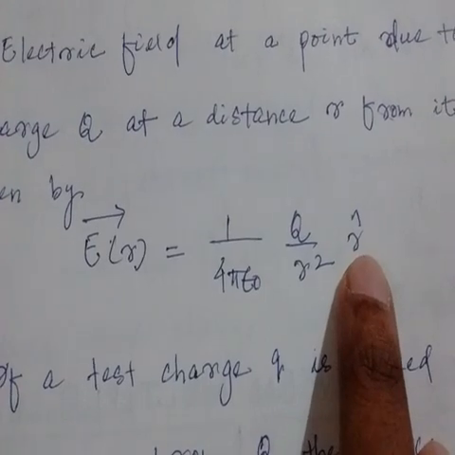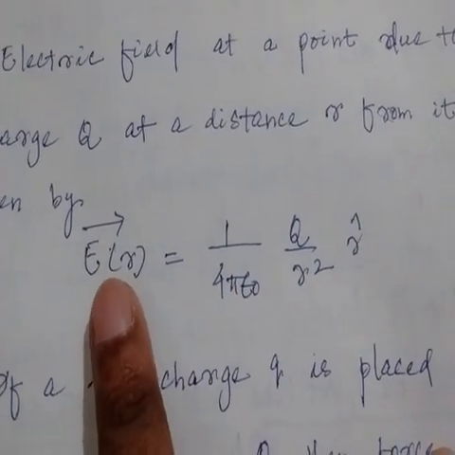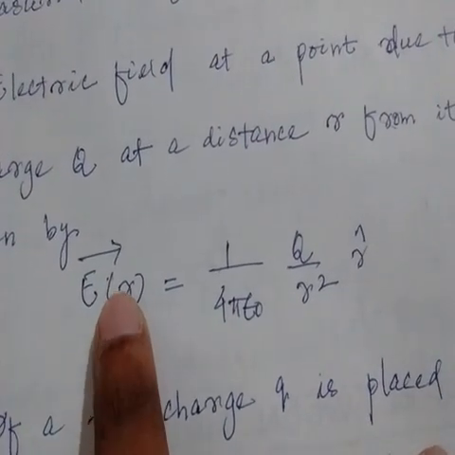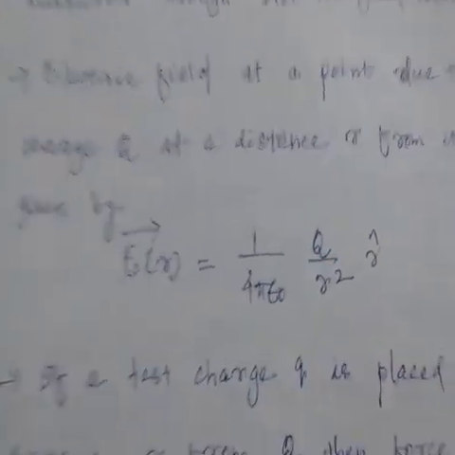R cap means the direction of the electric field. Actually, electric field is a vector and it is directed away from the charge Q. I am showing you how it is.